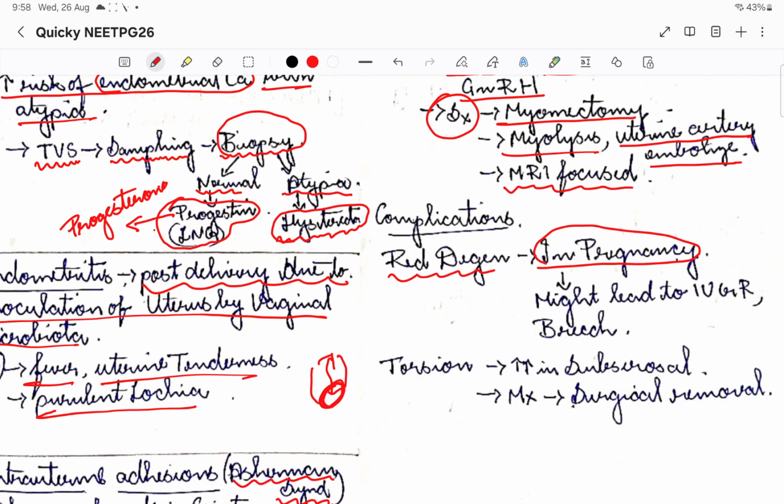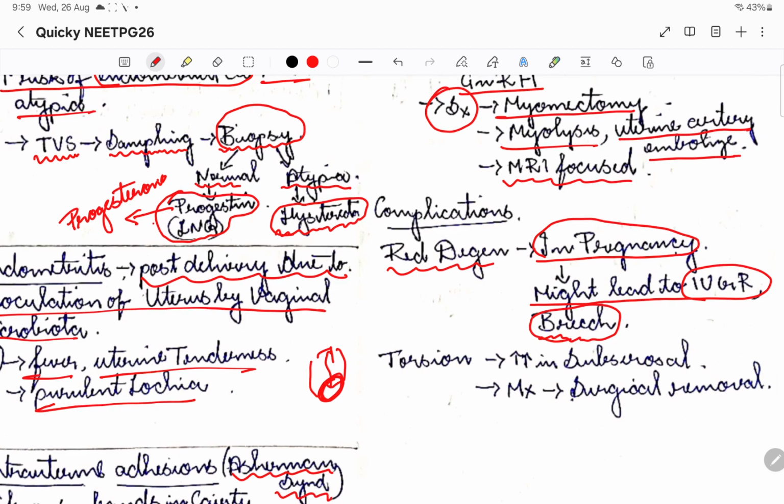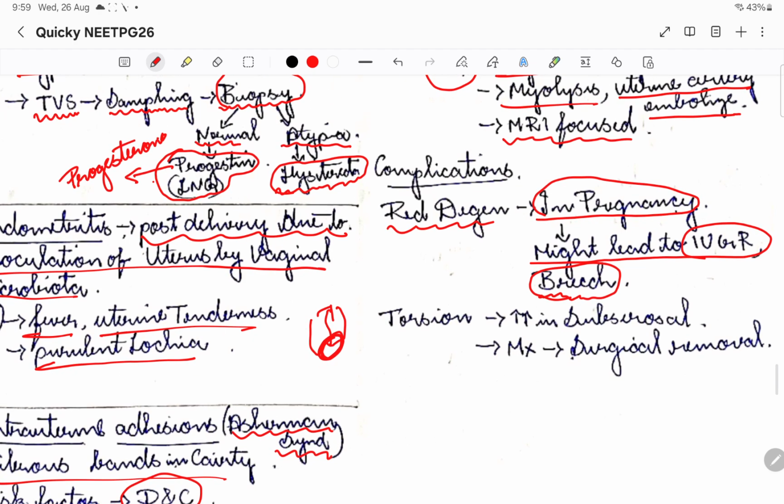It might lead to intrauterine growth retardation, because there is a mass inside the uterus which is hindering the normal growth of the embryo or the fetus. That is why IUGR might be there, and it also might lead to increased risk of breech presentation of the baby. So this is with respect to red degeneration.